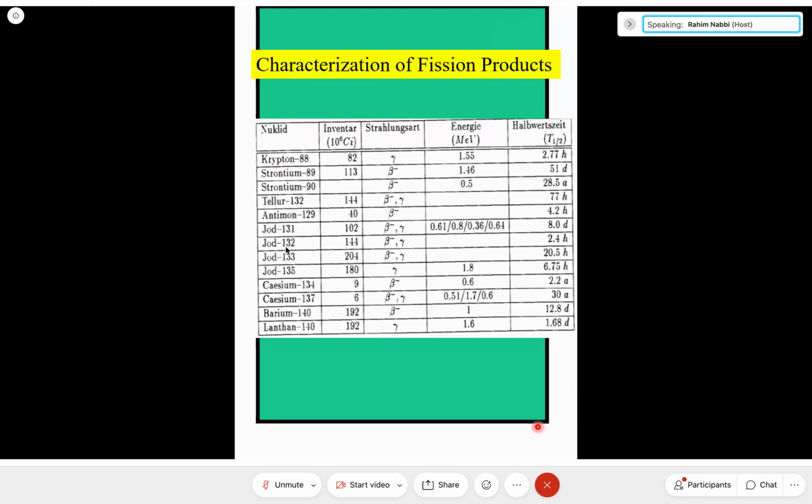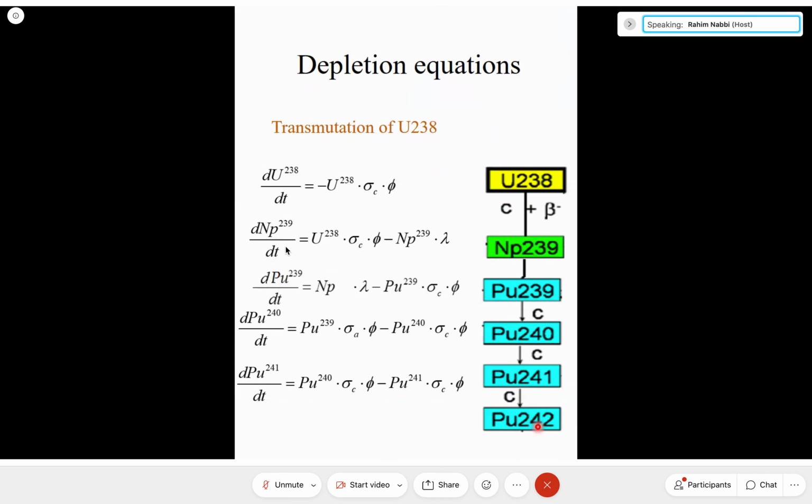So this way, at least in an analytical way, we know the concentration of the individual nuclides in the case of actinides, for example.